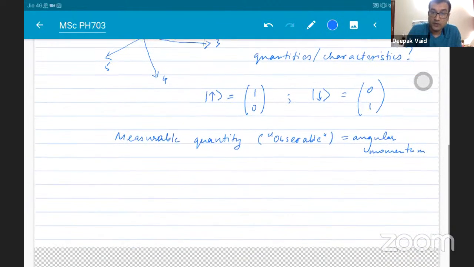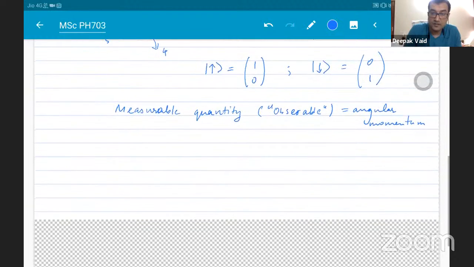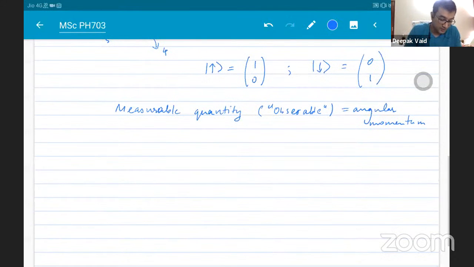Right? And what is the angular momentum? The angular momentum is simply, there are only 2 possibilities. There is either plus h bar by 2 or minus h bar by 2, right?